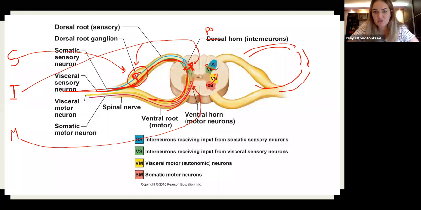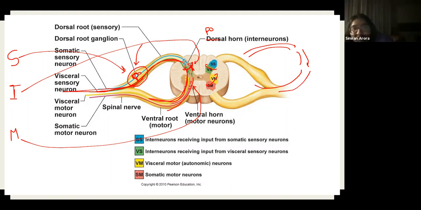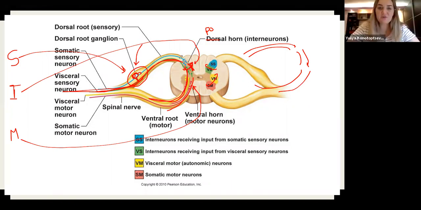Because what do we have here? Synapse. We have the synapse of sensory with interneurons. The posterior horn or dorsal horn is the place for the interneurons. Does that make sense? The sensory neurons are actually in the ganglion. That's where they are, the cell bodies at least.